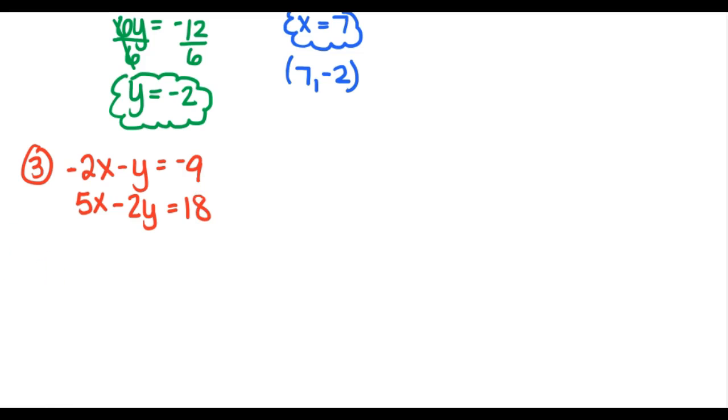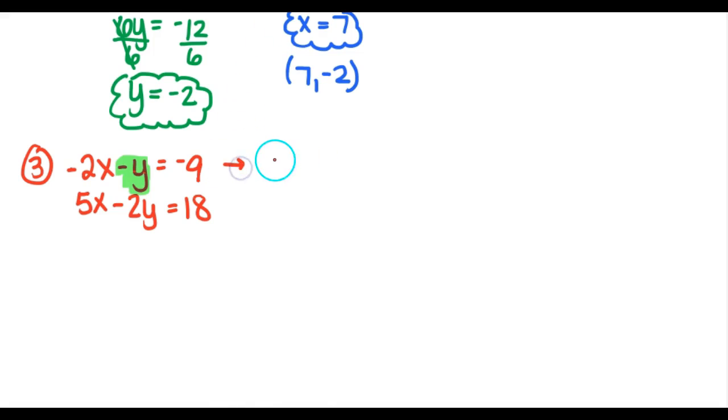Okay, so again, I'm going to look and try and see, is there anything that kind of stands out for me that I could possibly go, yeah, I think this one would work? Technically, this one, in a way, is by itself. We're going to have to take care of the negative, but that's going to be easy compared to trying to take care of a negative 2 or a 5. It'll be a lot easier this way. So we're just going to use this one.